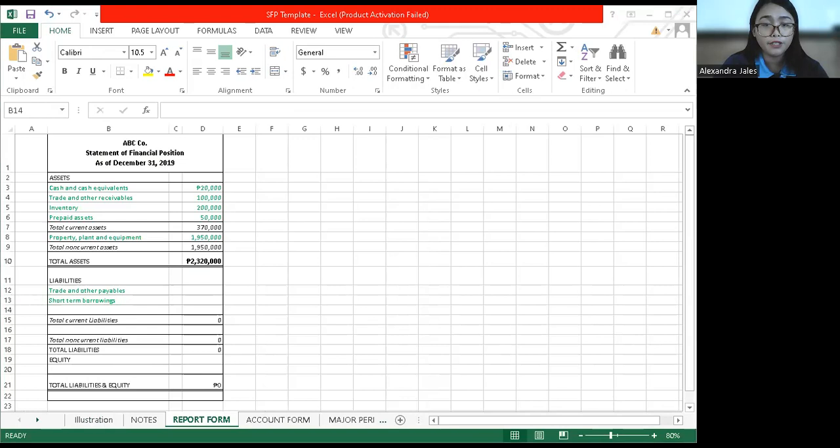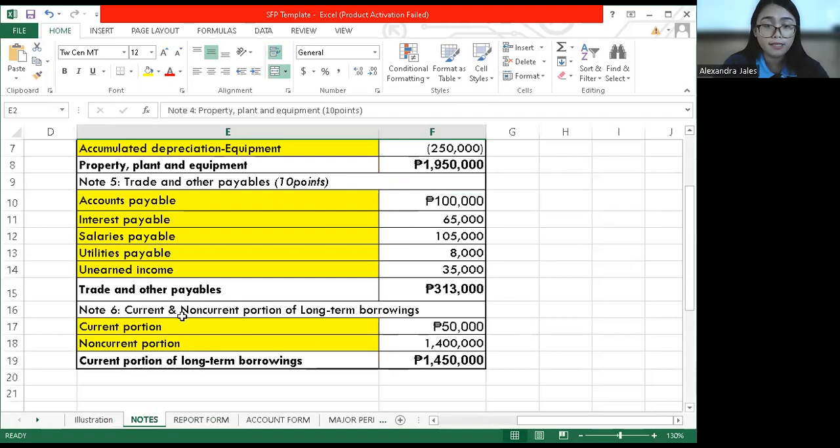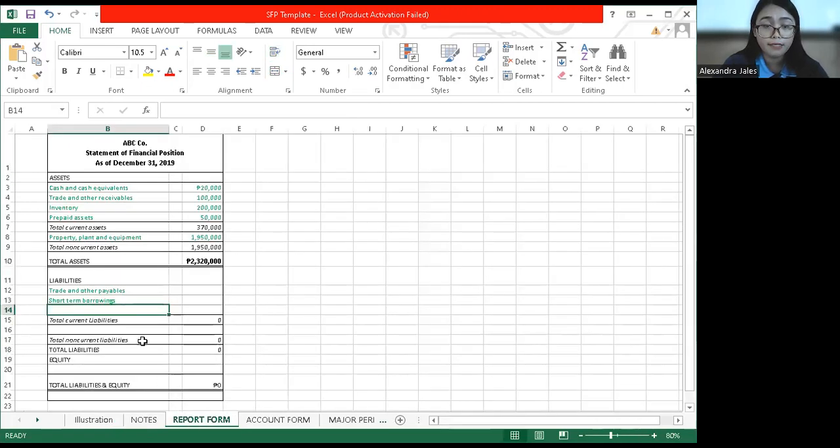Your current portion of your borrowings. So take note of this, current portion of your long-term borrowing. We need to identify if it is current or non-current. Clear?